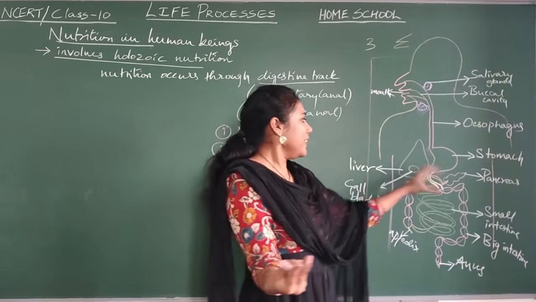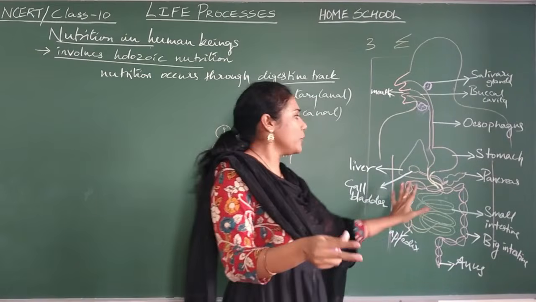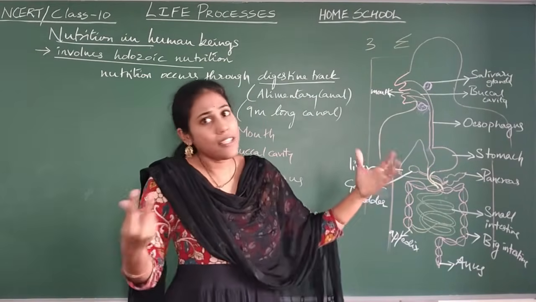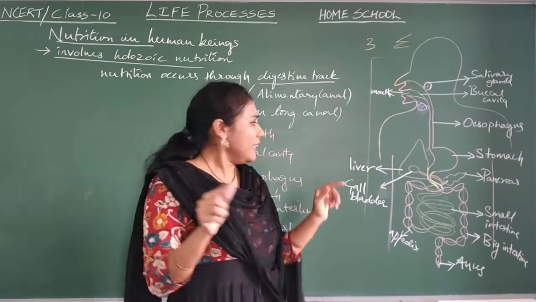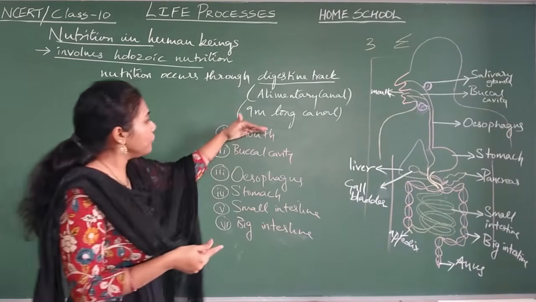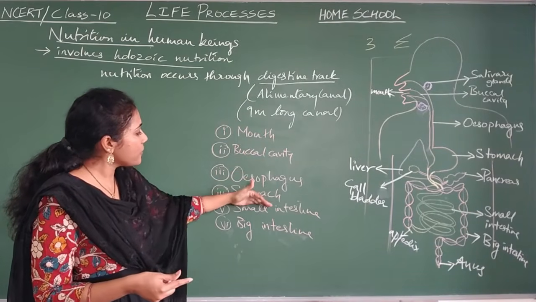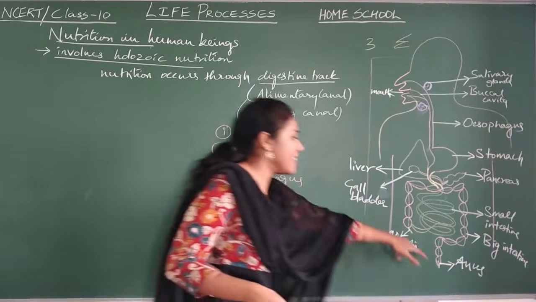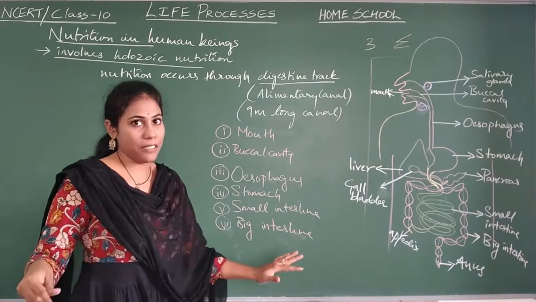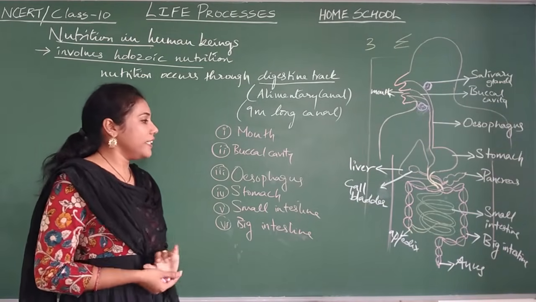Actually, the food moves this way: mouth to buccal cavity to esophagus to stomach to small intestine, and later to the big intestine, and from the big intestine through the anus the undigested food comes out.